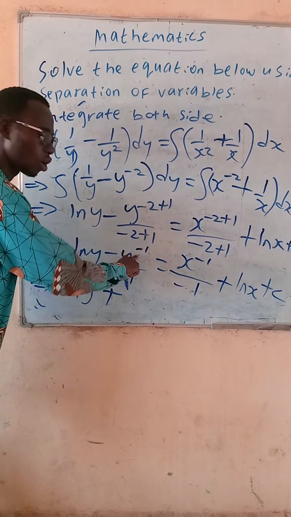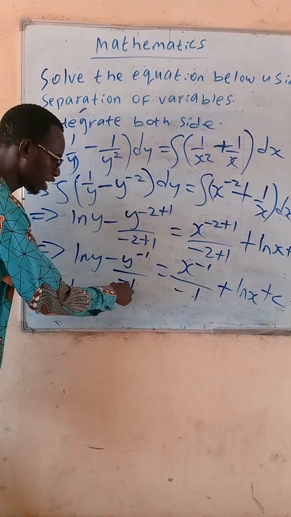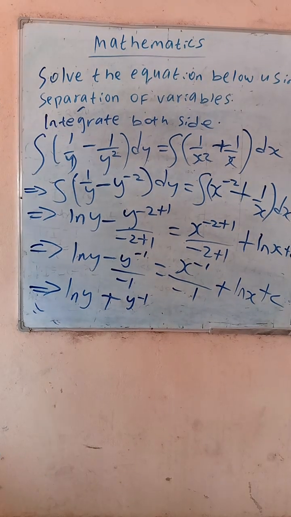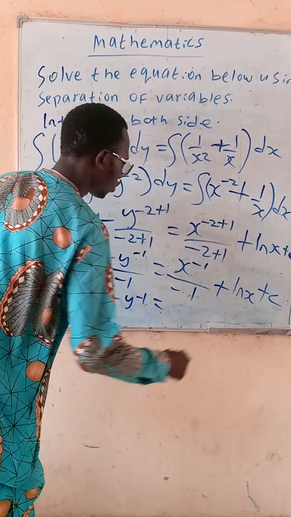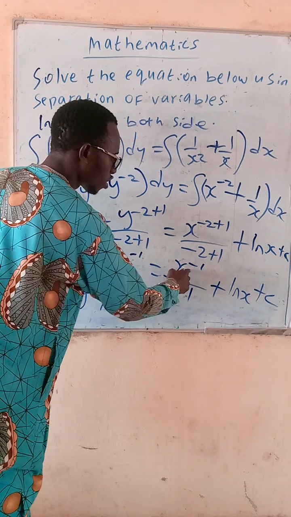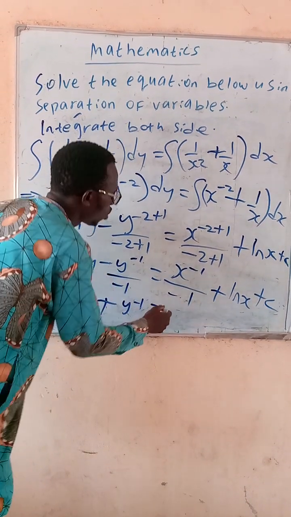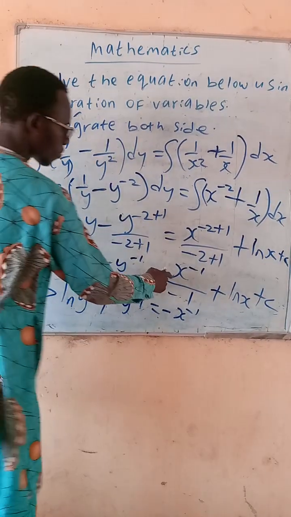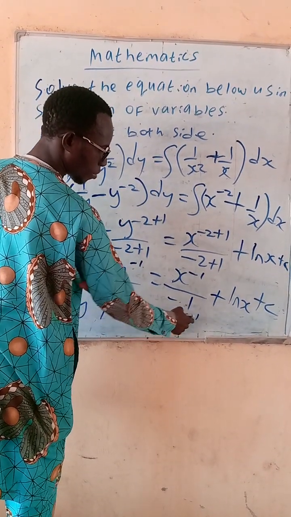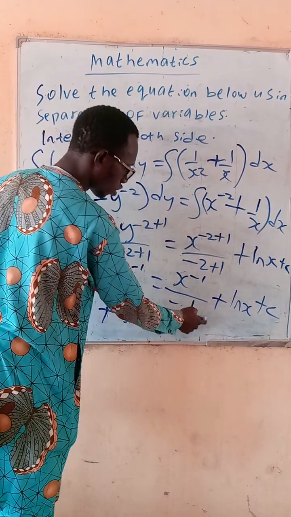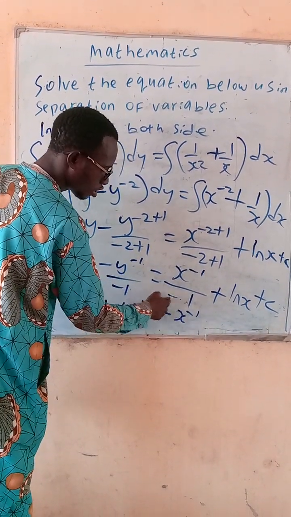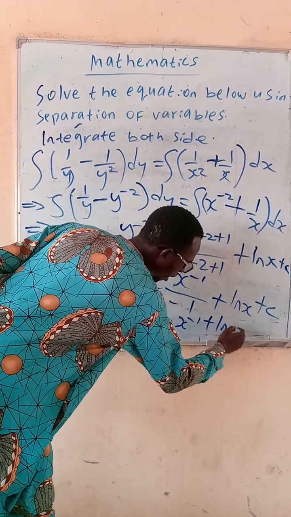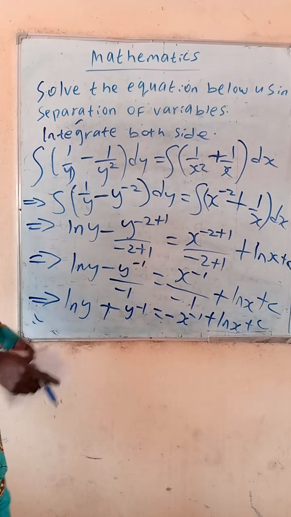So we have y raised to power 1 divided by 1, which is y raised to power 1, equals x raised to power minus 1 divided by minus 1, which is minus x raised to power minus 1. Since there was a minus here, we brought it down. Plus ln x plus our constant.